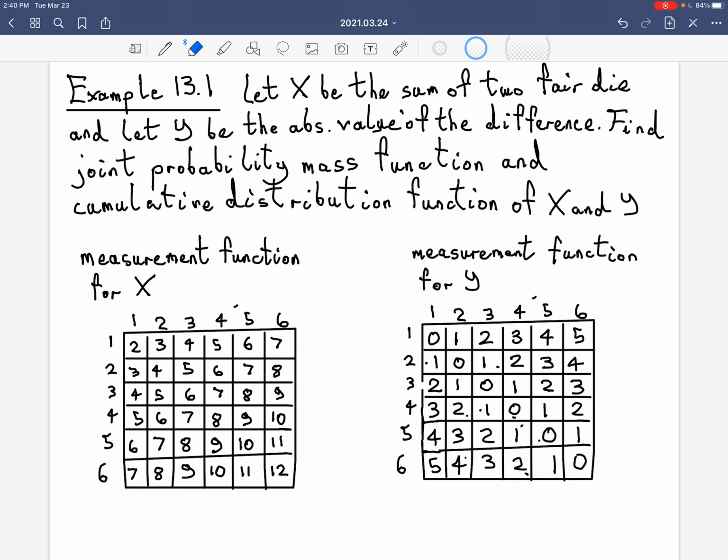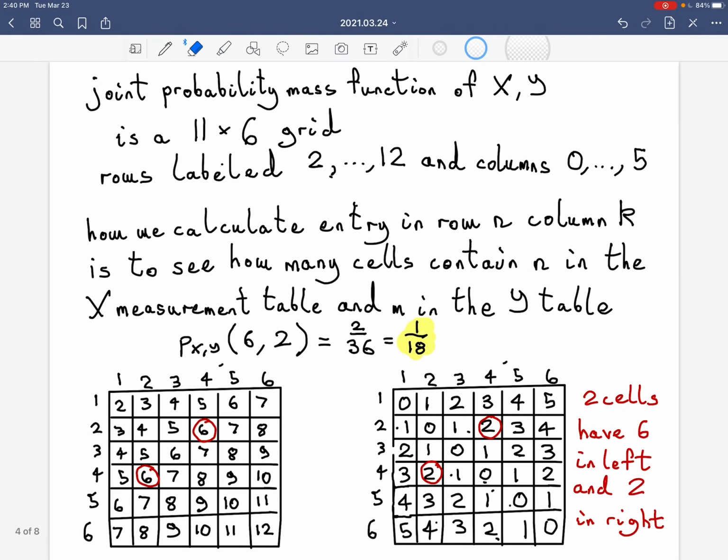But hopefully you can see that what I've done on this page is just kind of brute force writing out the two random variables for all the possible arrangements of two dice.